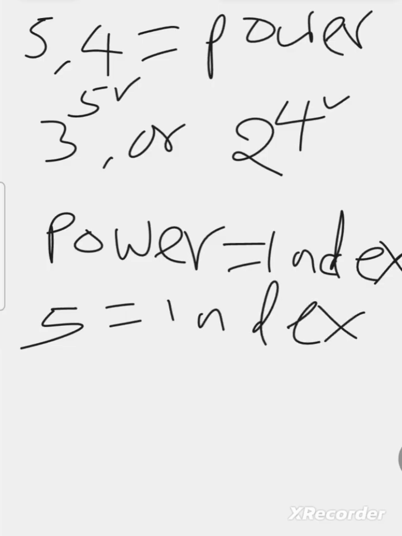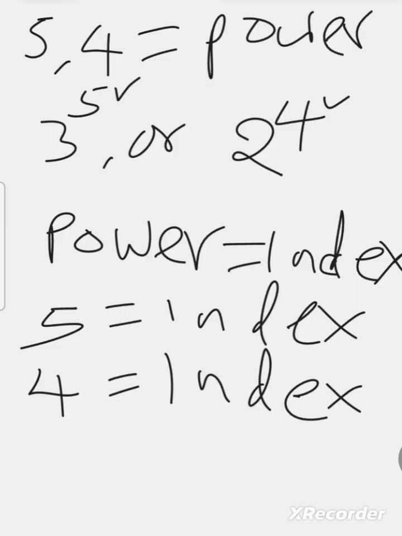So 5 can be referred to as index. Also we can say 4 is also an index. So the two are indices. In simple terms, we are saying that 5 and 4 are indices.